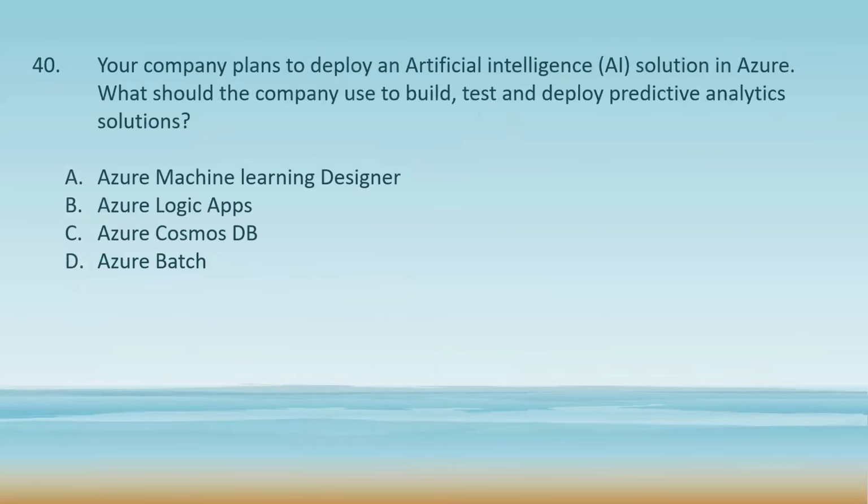Question number 40. Your company plans to deploy an artificial intelligence solution in Azure. What should the company use to build, test, and deploy predictive analytics solutions? Your options are Azure Machine Learning Designer, Azure Logic Apps, Azure Cosmos DB, Azure Batch.